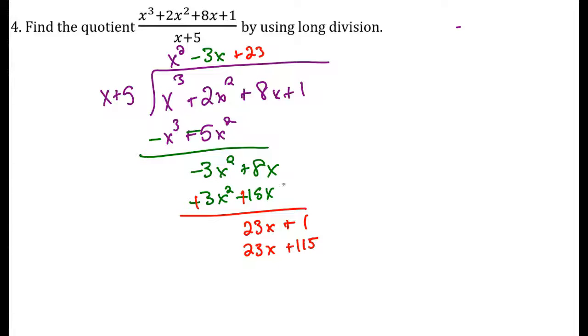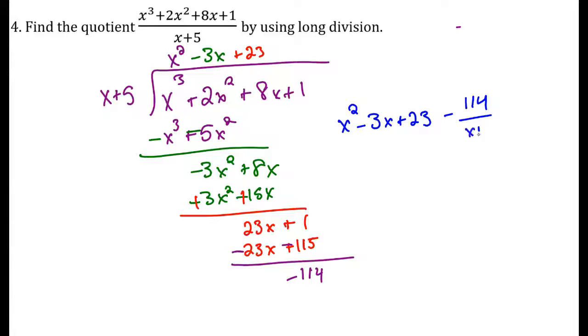I change my signs to subtract, and I get a remainder of negative 114. So my answer, that quotient, is equal to x squared minus 3x plus 23 plus my remainder, so minus 114 over x plus 5.